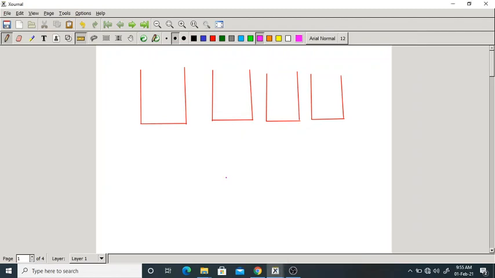Now we have four boxes. Let us call them B1, B2, B3 and B4.